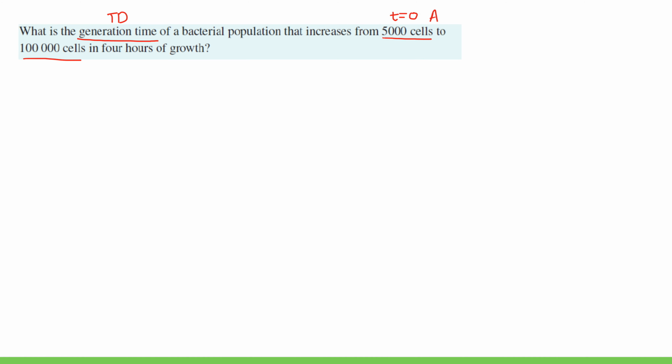And if you remember, that also means that our A0 is 5,000. This tells us that at 4 hours, the amount of bacteria that I have is 100,000.